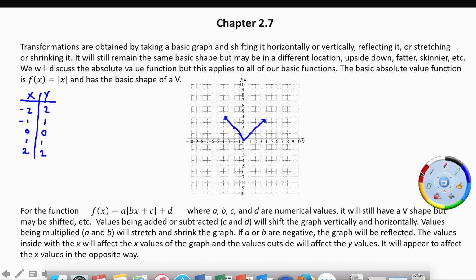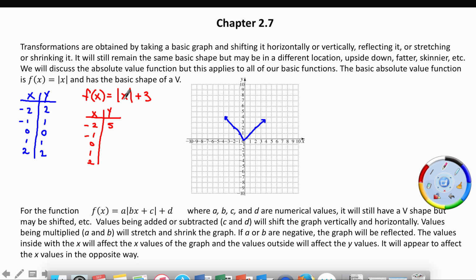Okay, let's see what happens if I were to plot, instead of absolute value of x, absolute value of x plus 3. Okay, if I plug in some points, then I have absolute value of -2 is 2 plus 3 is 5.